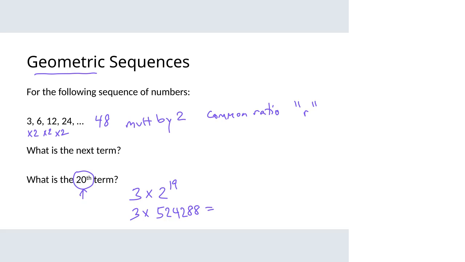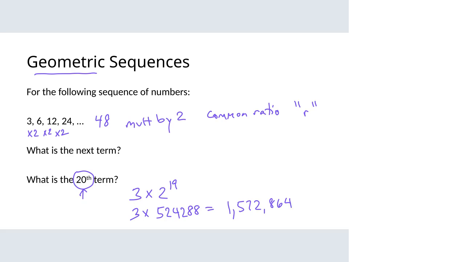And then we multiply that by 3, and we end up with 1,572,864. So the 20th term would be 1,572,864. I definitely didn't want to list them out all the way to get there.